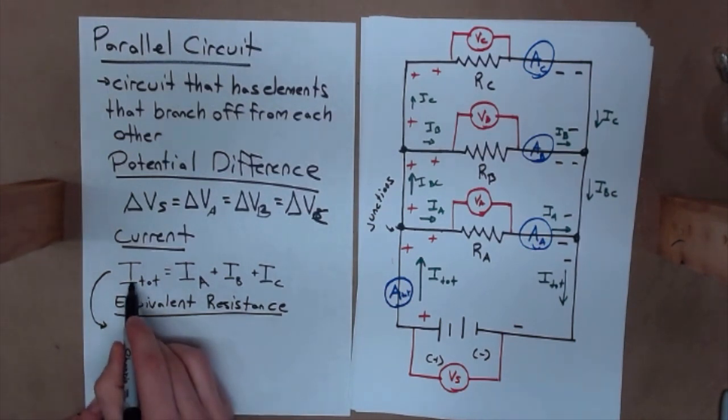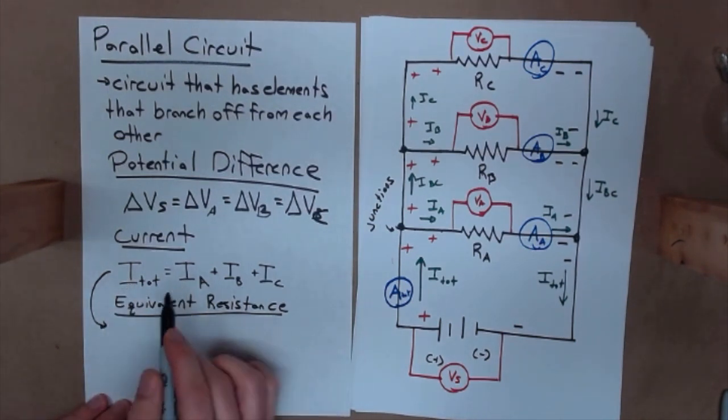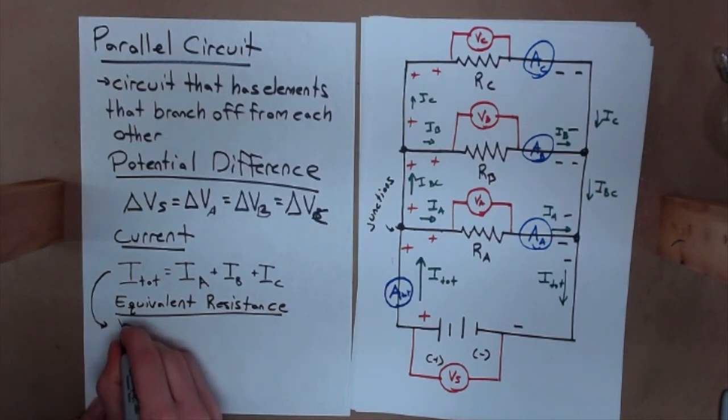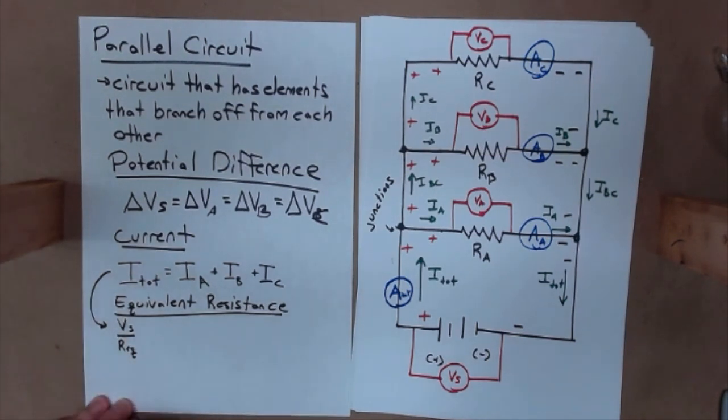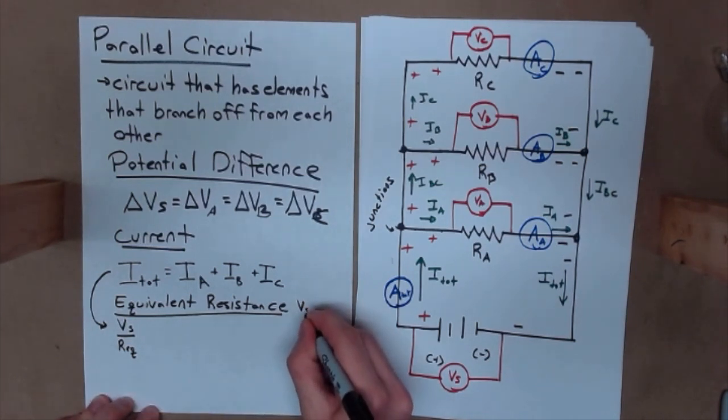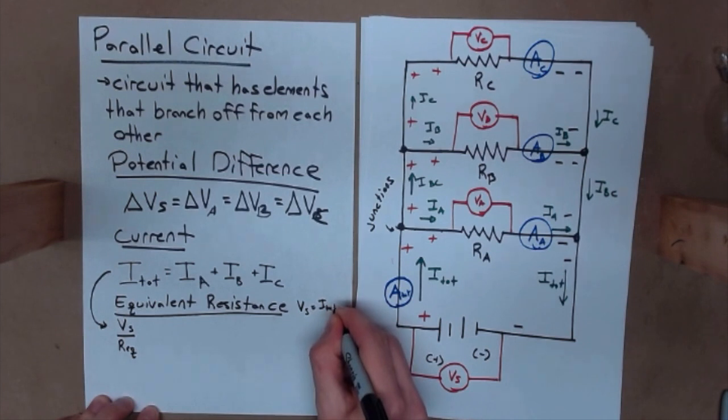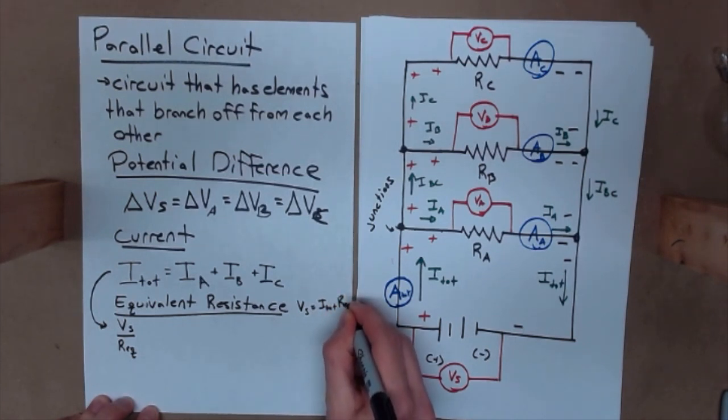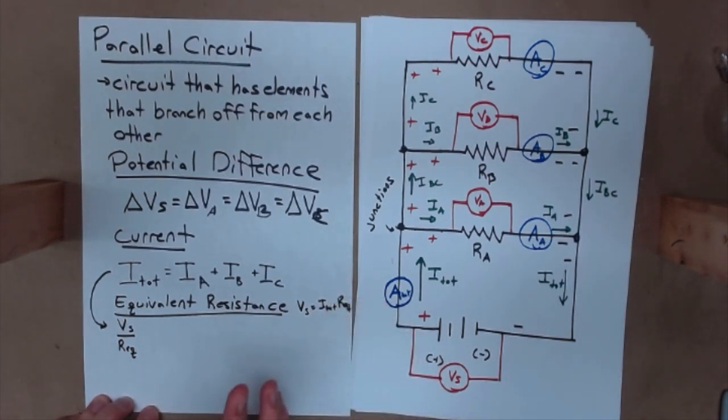My total current, I'm just going to jump straight to Ohm's law here, is the voltage of the source over the equivalent resistance of the circuit, right? Think back to that equation that we had in the last lesson, which was V source equals I total REQ. V equals IR, just Ohm's law restated for the system of the circuit.